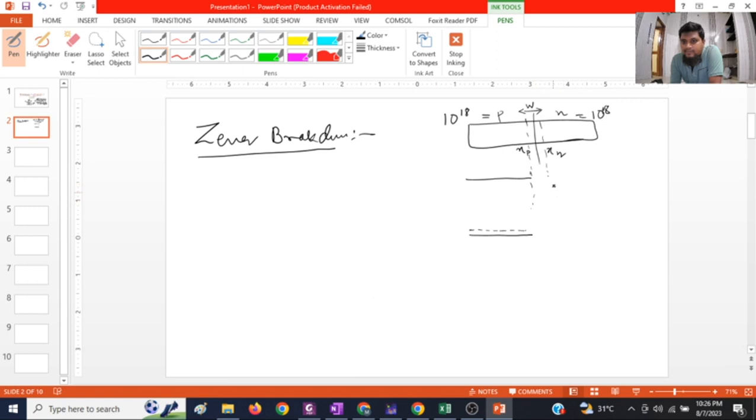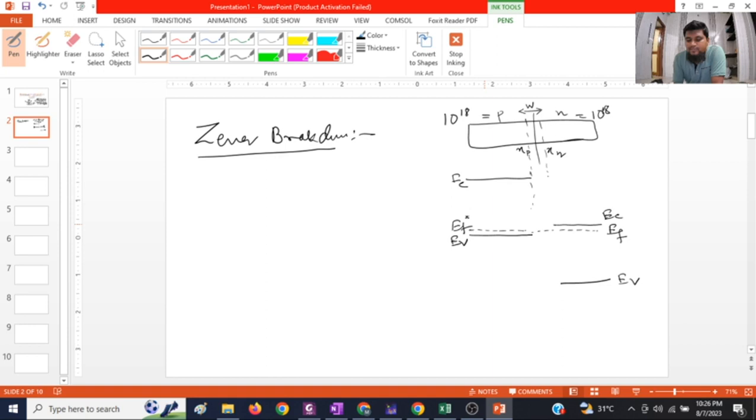On this side, you will have N type, and in equilibrium, the Fermi level will be very close to the conduction band, EF.